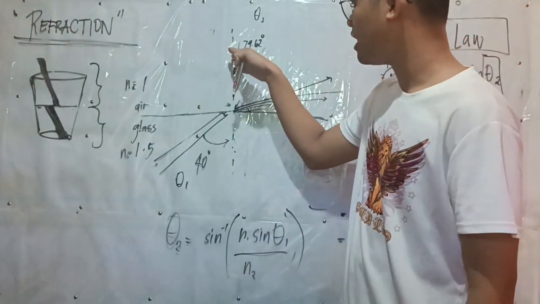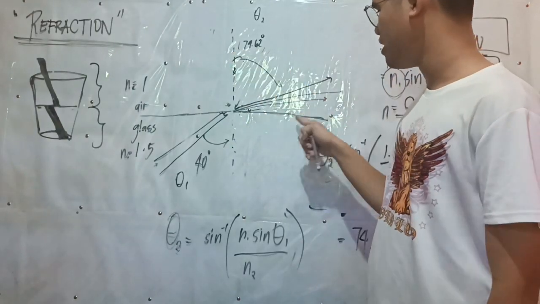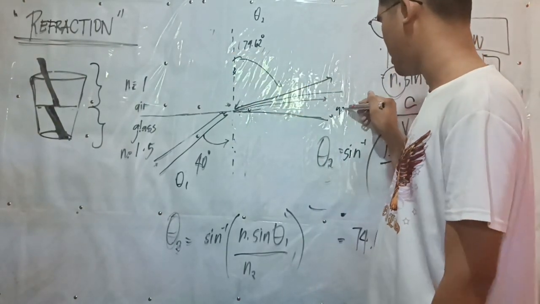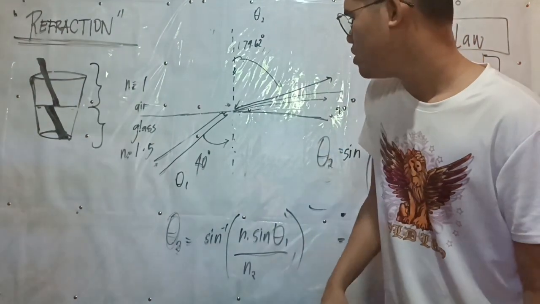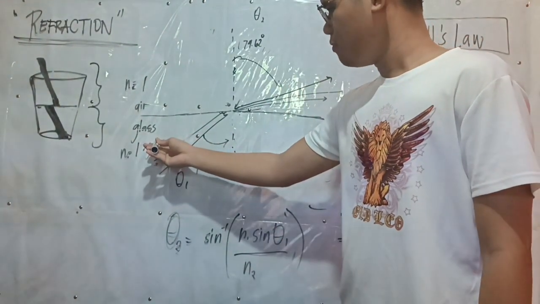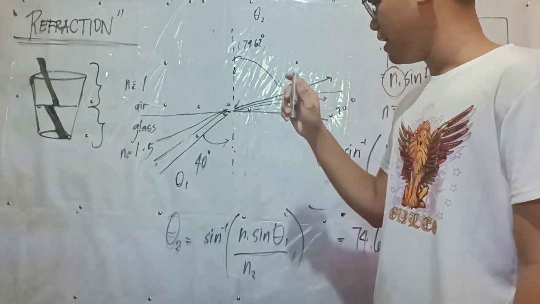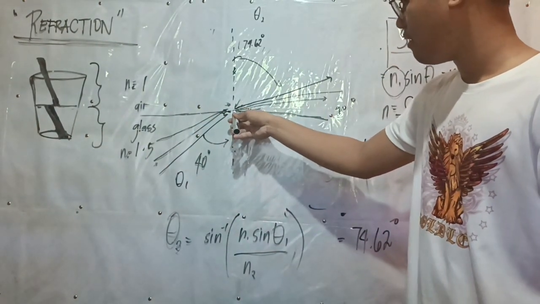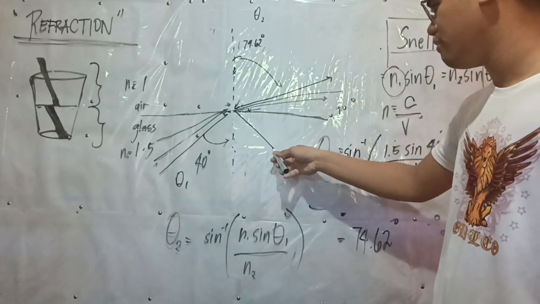The angle would be going toward 90 degrees. However, if you put another ray right here, then the ray would be reflected.